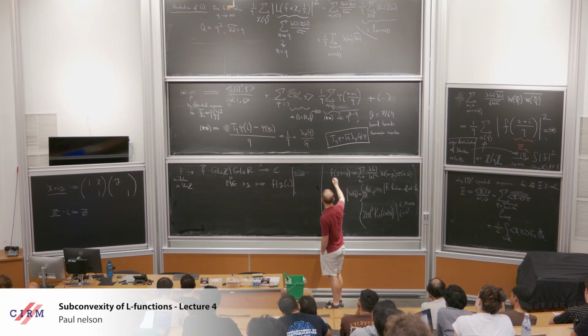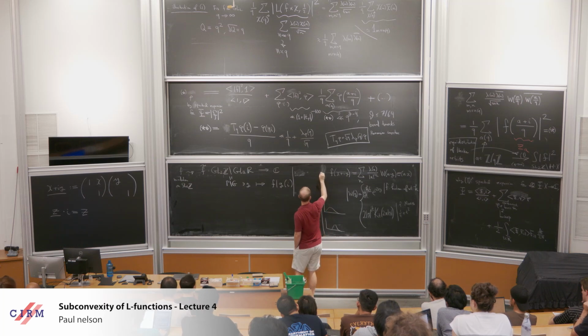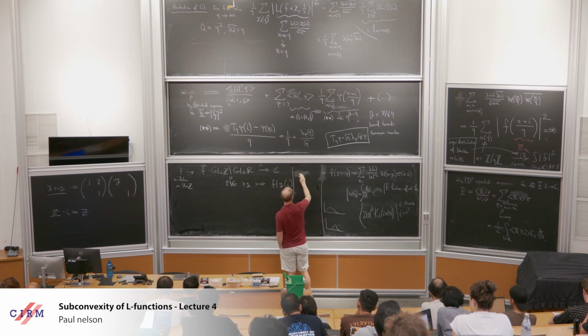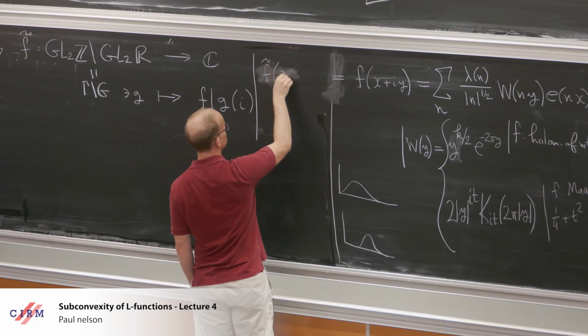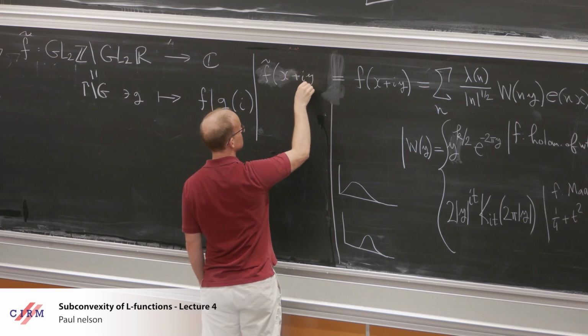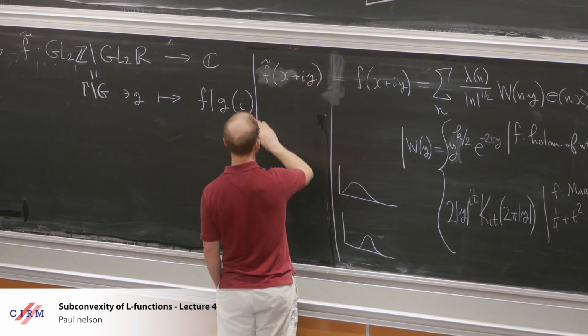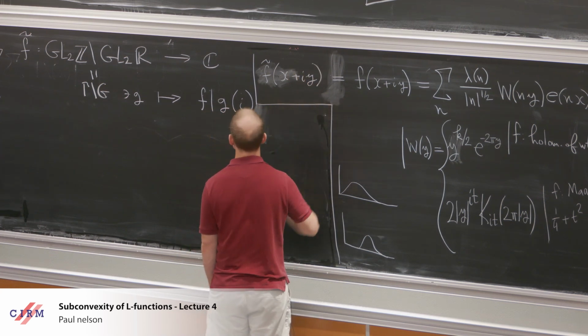So the setup is such that this f of x plus iy is just f tilde of x plus iy.